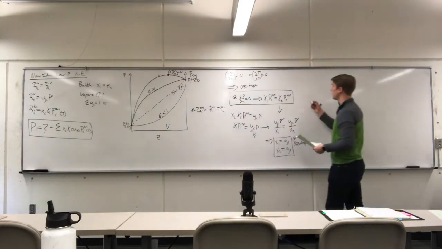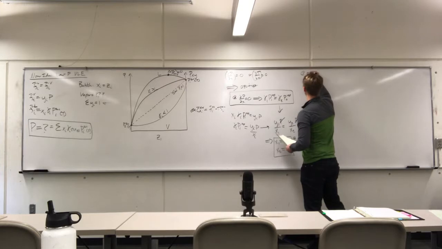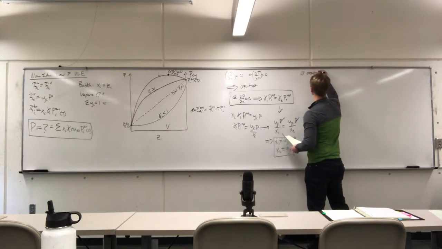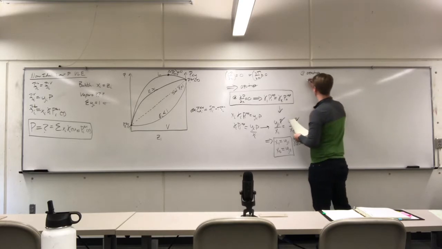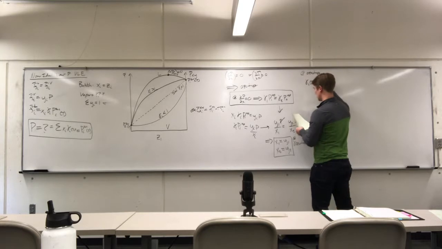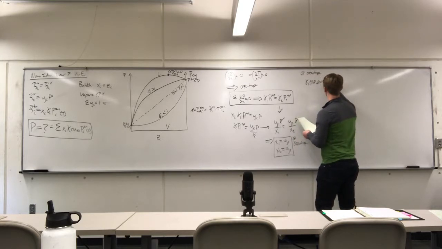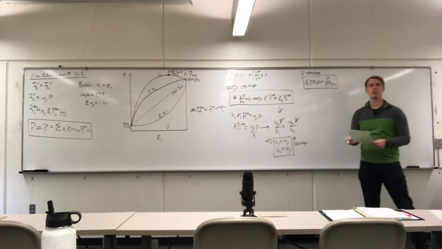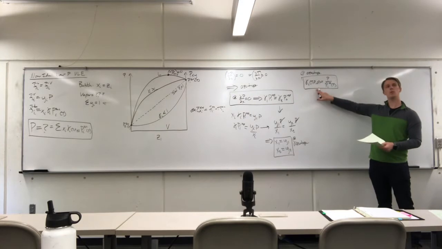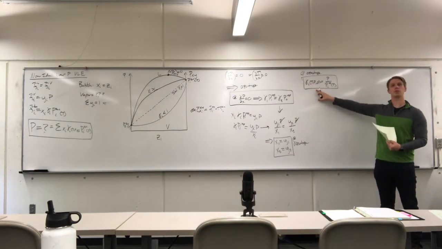So another cool thing is at the azeotrope, we can actually use this to tune the activity coefficient model. If we have an azeotrope for a binary mixture, we have two expressions.